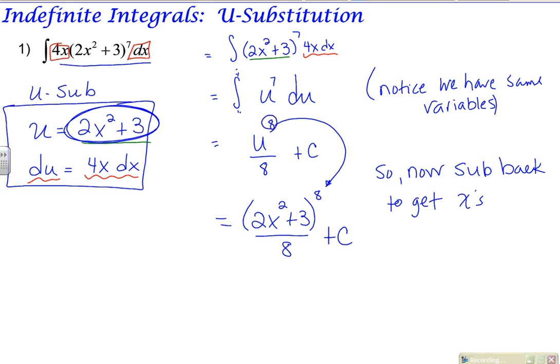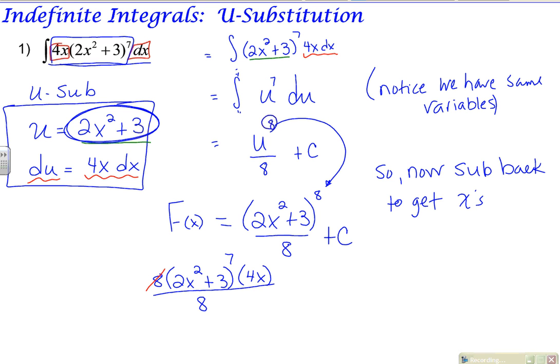Now, we probably wouldn't do this every time, but this would be some original function. I should be able to take the derivative of this and come out with this little f of x. So 8 comes down, remember your power rule, 8 comes down to 2x squared plus 3 to the 7th, reducing it by a power. Chain rule says it would be a 4x plus 0, all divided by this 8.